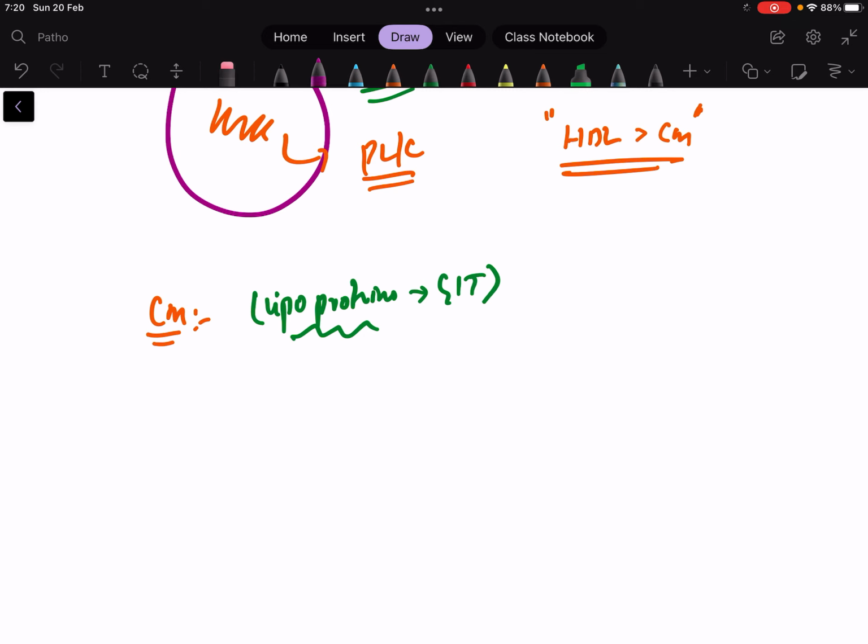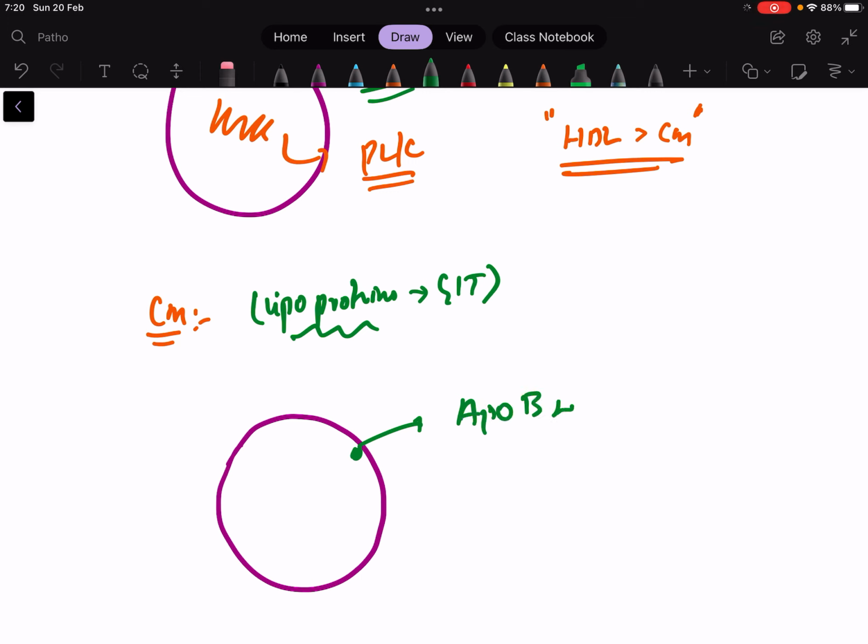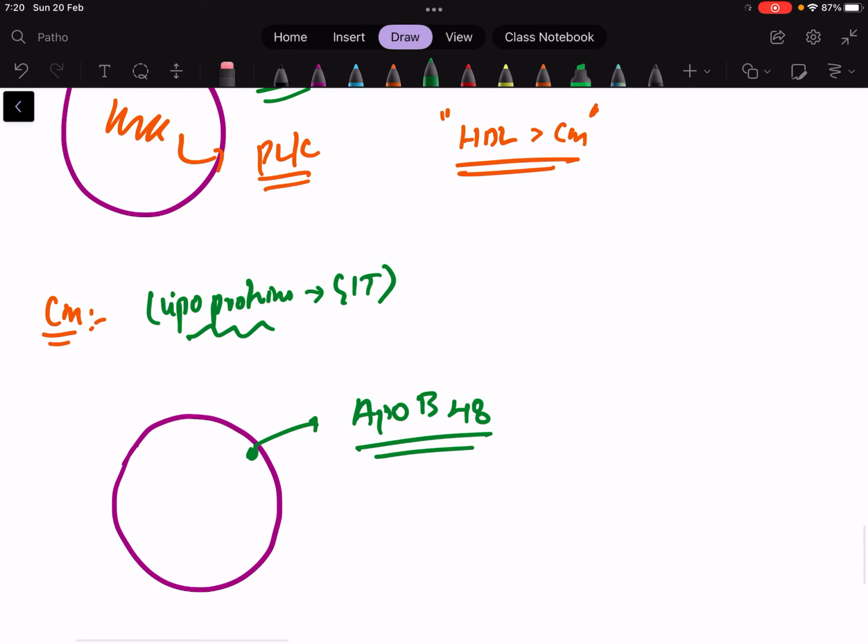The apoprotein present on the chylomicrons is, again an integral protein, your ApoB48. Now sir, what is the difference between ApoB48 and ApoB100?